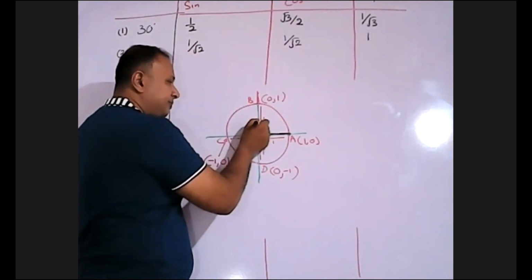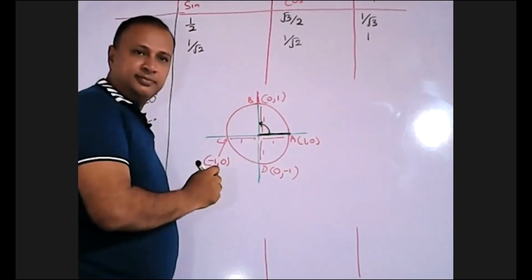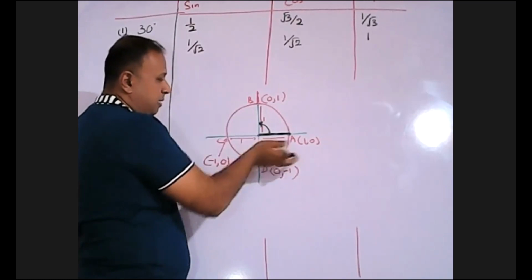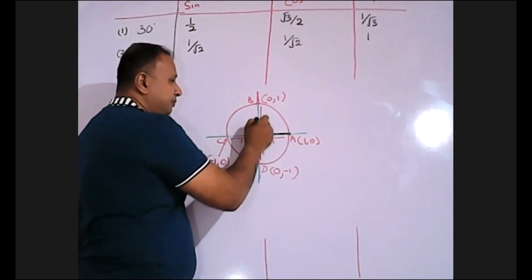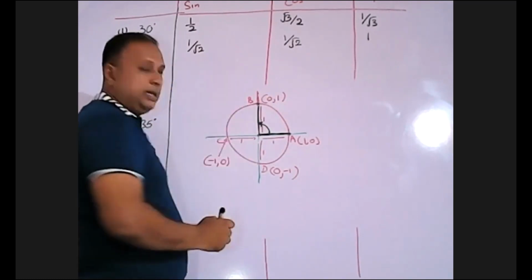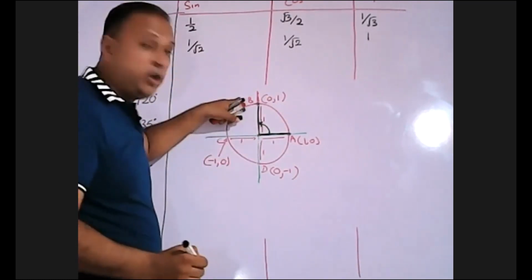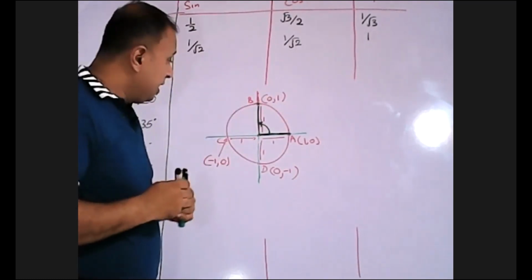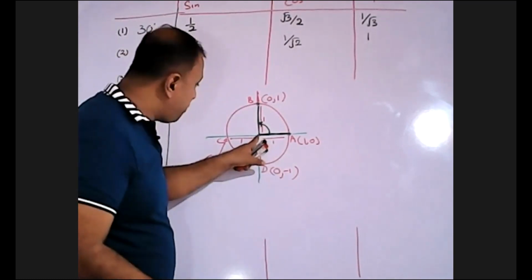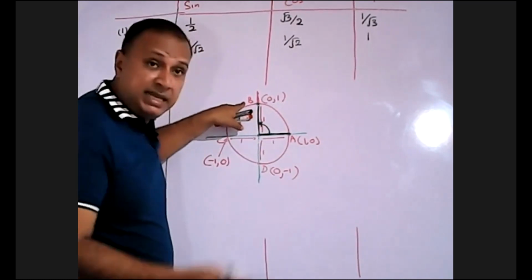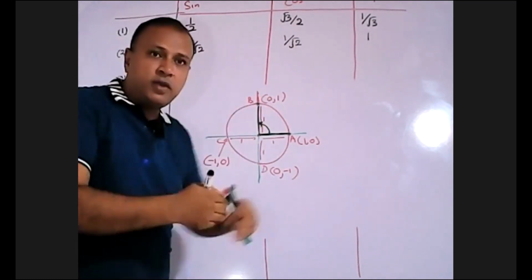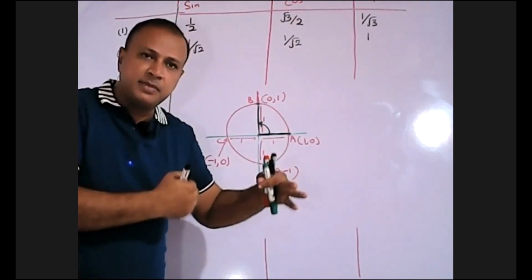Then go to 90. If I rotate this rod about 90 degrees, it comes to this point. It comes to the point B. If you are discussing 90 degrees, the corresponding point on the unit circle is point B. Then you can use the definition.